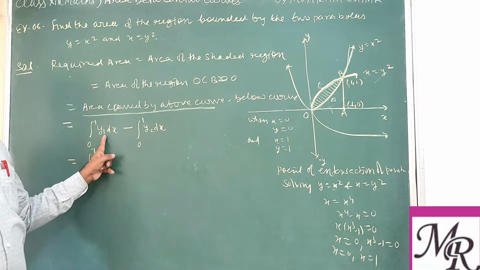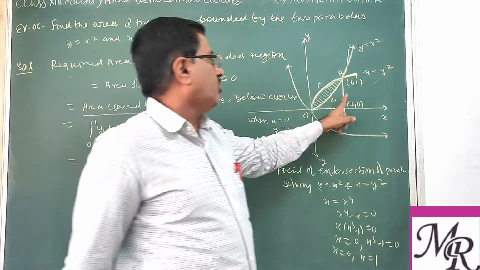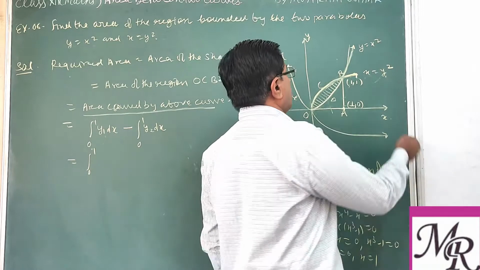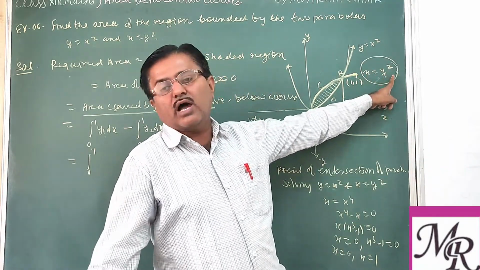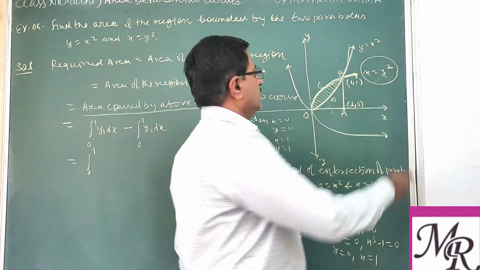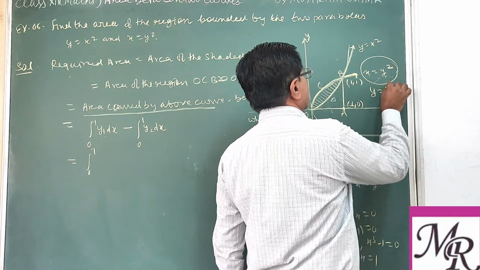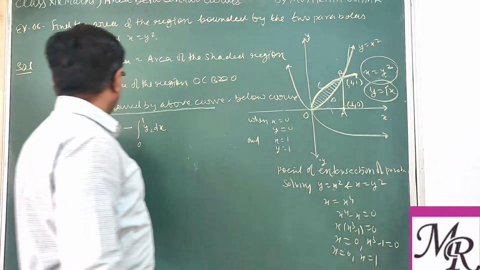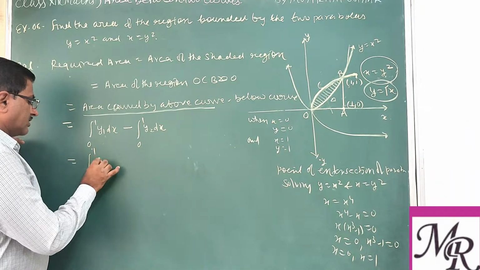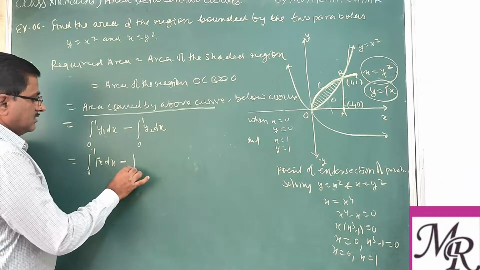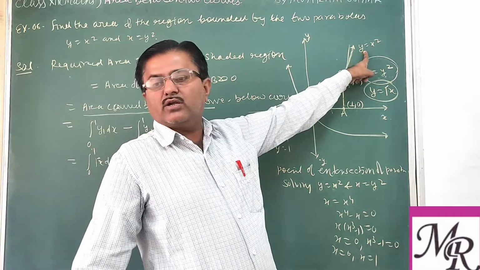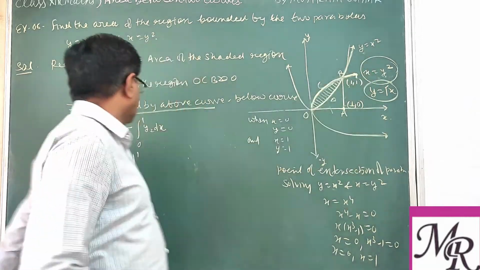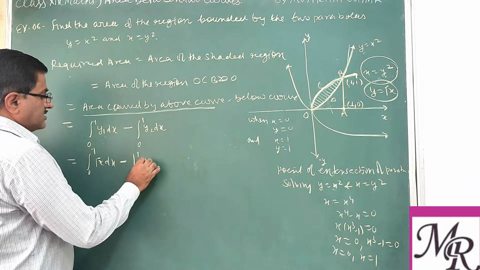Now y1 means the value of y for the first. What is the value of y for the first? As the first curve is given as x equal to y square, so y equal to root x. So here y1 can be replaced by root x dx. Second, 0 to 1, y for the second is y equal to x square, so we put y2 as x square dx.